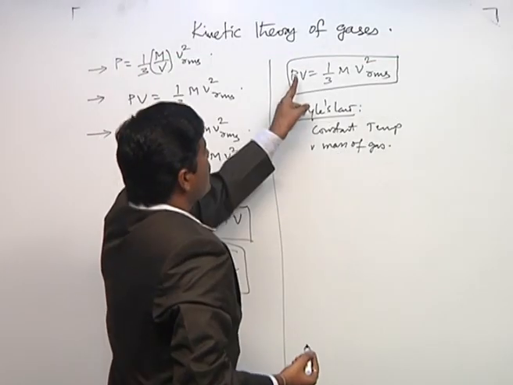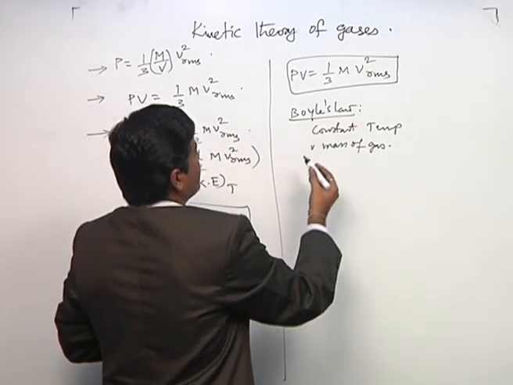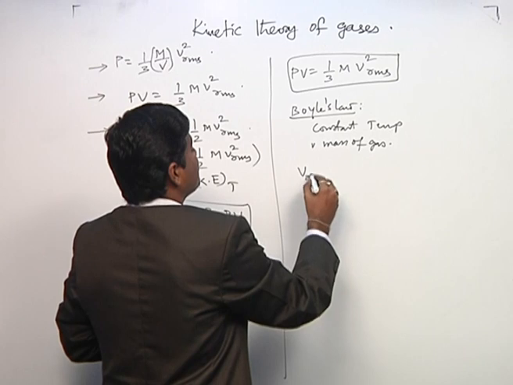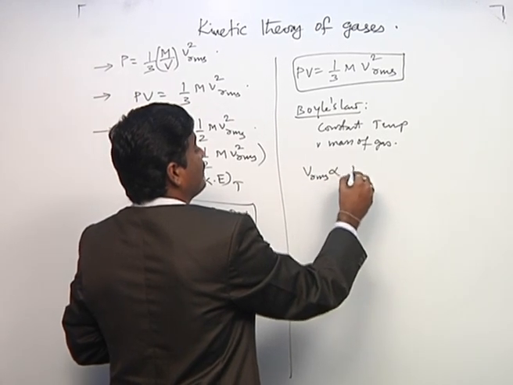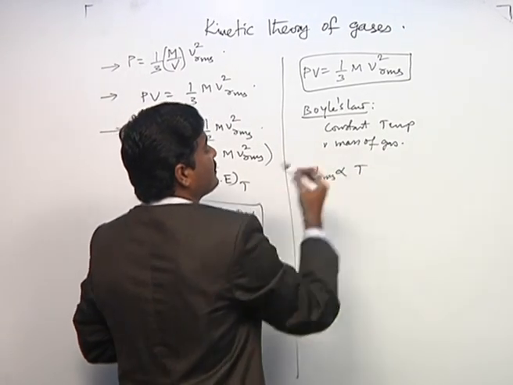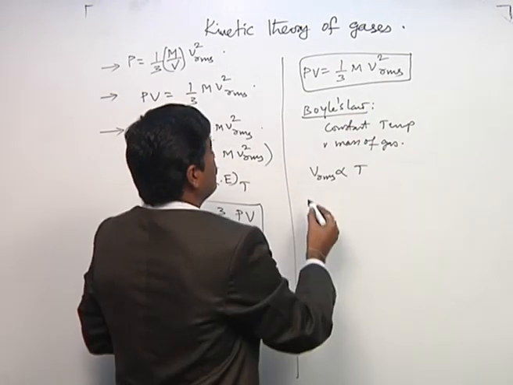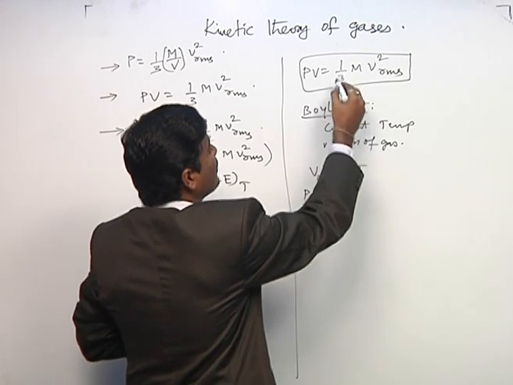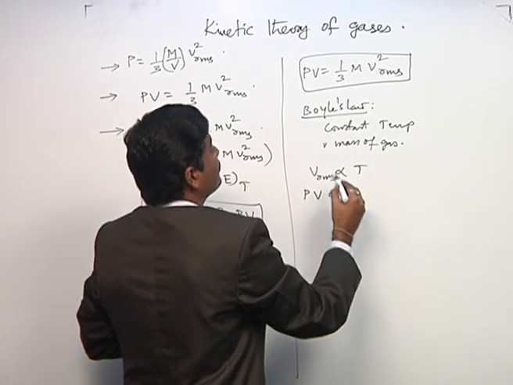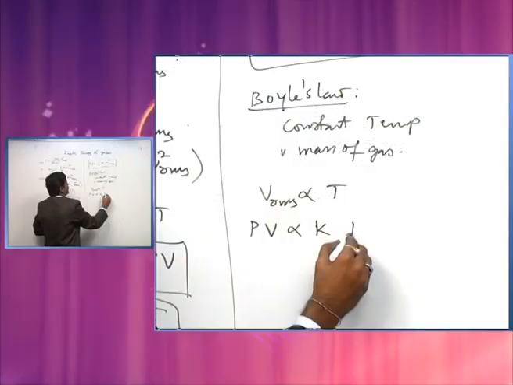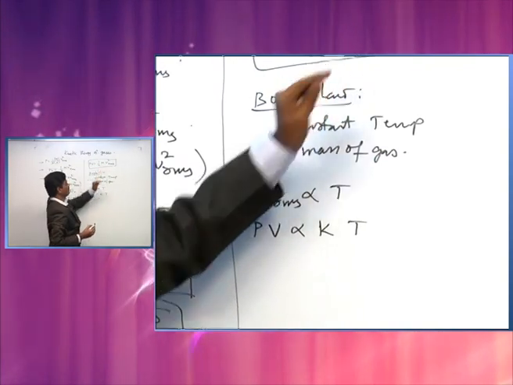So here, if the temperature is maintained constant, definitely v RMS is directly proportional to T. As the temperature is maintained constant, your v RMS has to be constant. So we can write PV is equal to 1 by 3 m v square RMS, which is proportional to some constant into T, because 1 by 3 m is a constant.